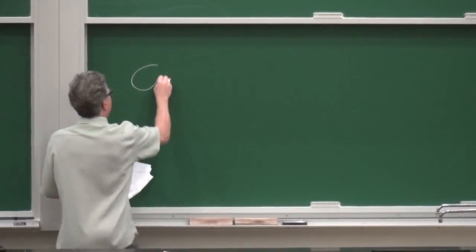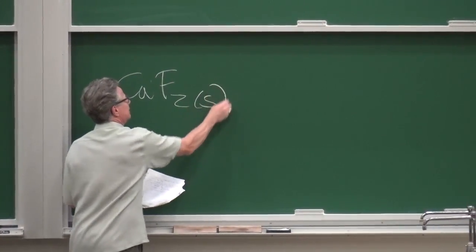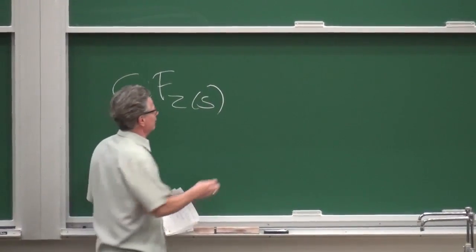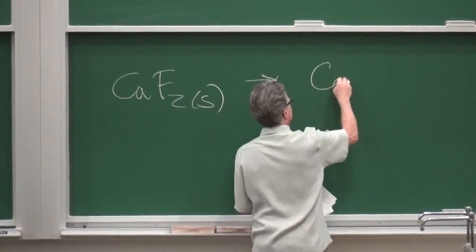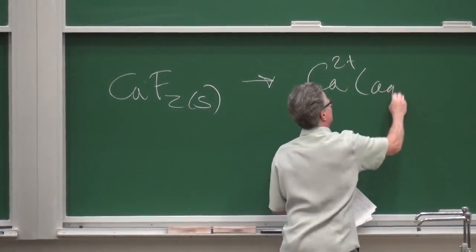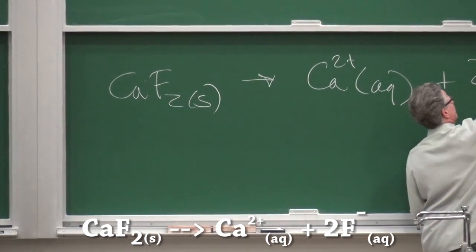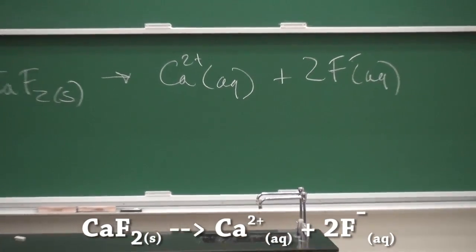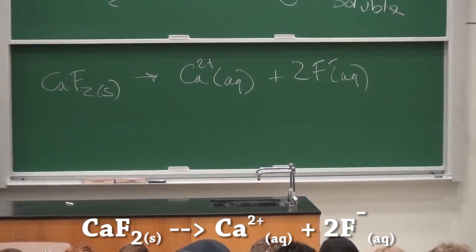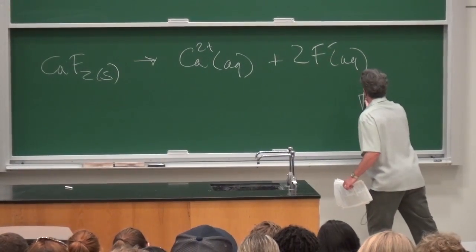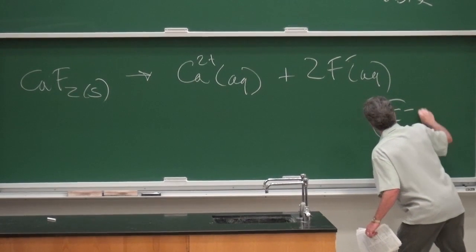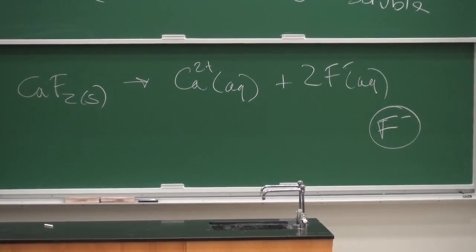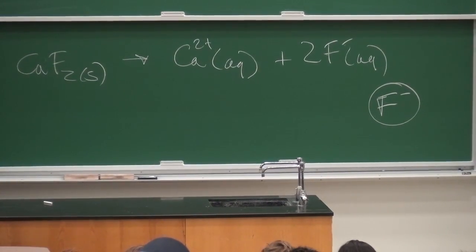We've got this calcium fluoride solid, not very soluble, trying to spit out a little bit of calcium and a little bit of fluoride, but the soluble sodium fluoride assures that there's a whole bunch of that fluoride floating around in that solution.